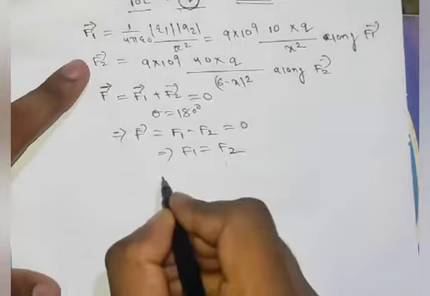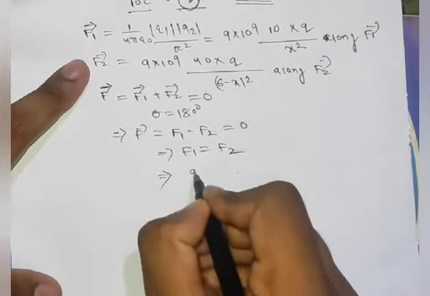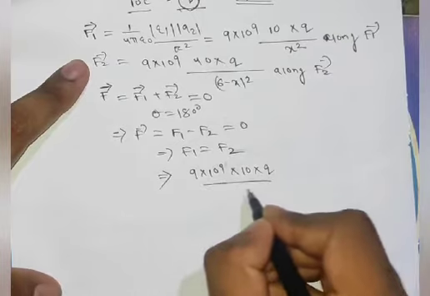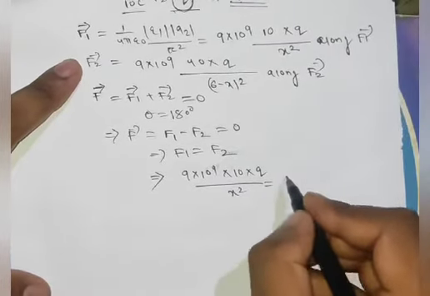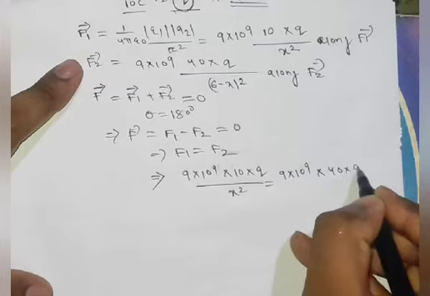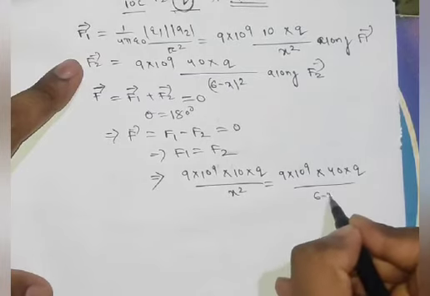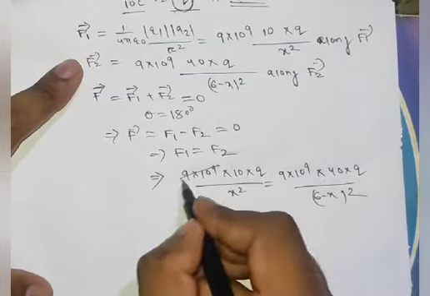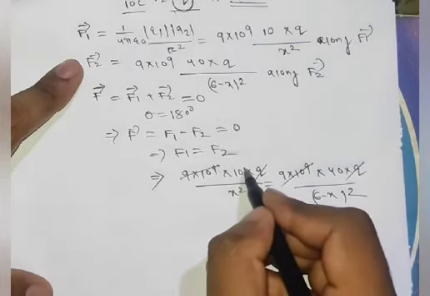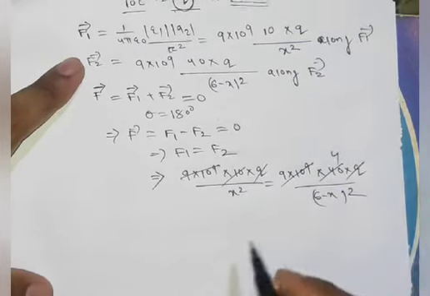So F1 is what? We have got 9 into 10 to the power 9, 10 into q by x square, and F2 we got 9 into 10 to the power 9, 40 into q divided by (6 minus x) square. So this will cancel, q also cancels, and if we divide 10 into 40, it will be 4.